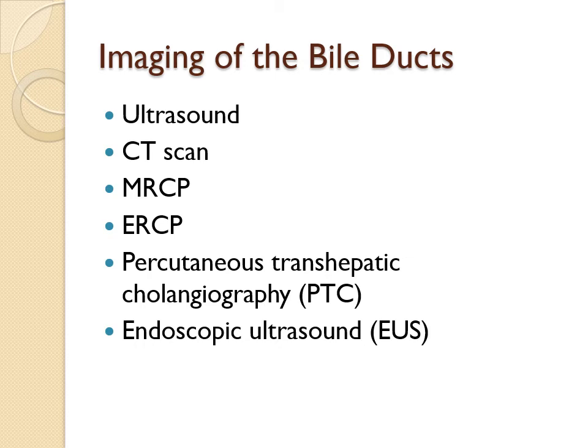Percutaneous transhepatic cholangiography, and the therapeutic equivalent is percutaneous transhepatic biliary drainage, is used when ERCP has failed. And the last one is endoscopic ultrasound, wherein a scope with an ultrasound probe attached at its end is used to visualize the bile ducts and the pancreas.